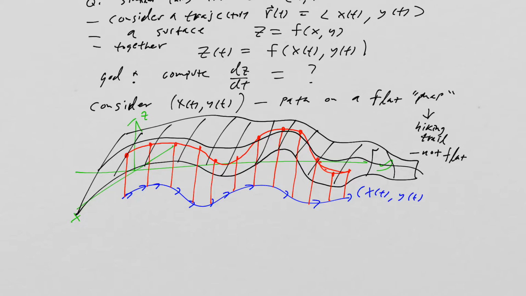But when you go on a trail, you're going on a specific pathway within those peaks and valleys. And we want to know basically dz/dt is going to be basically the rate of ascent or descent on that trail, while you're hiking on that trail.